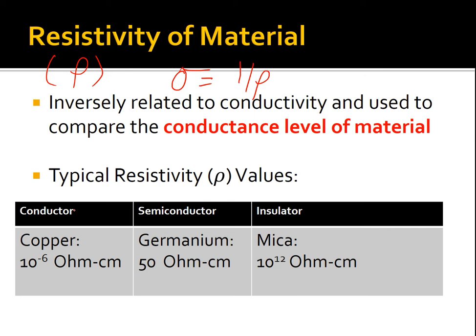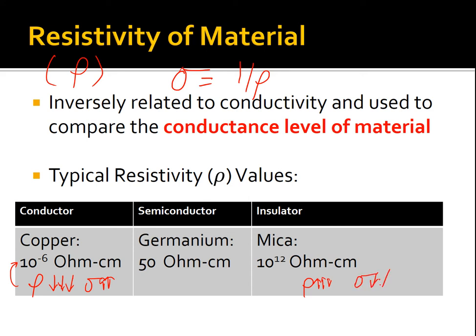A conductor will have the lowest resistivity, and this is the resistivity value for copper. So the conductor will have the lowest resistivity, meaning it will have the highest conductivity, and an insulator will have the highest resistivity, meaning it will have the lowest conductivity.